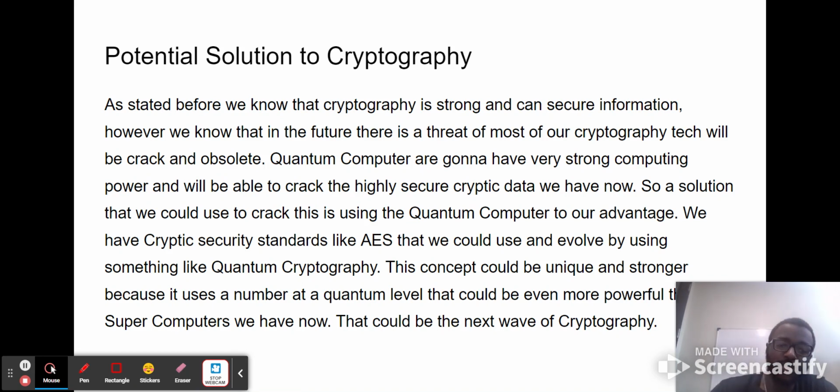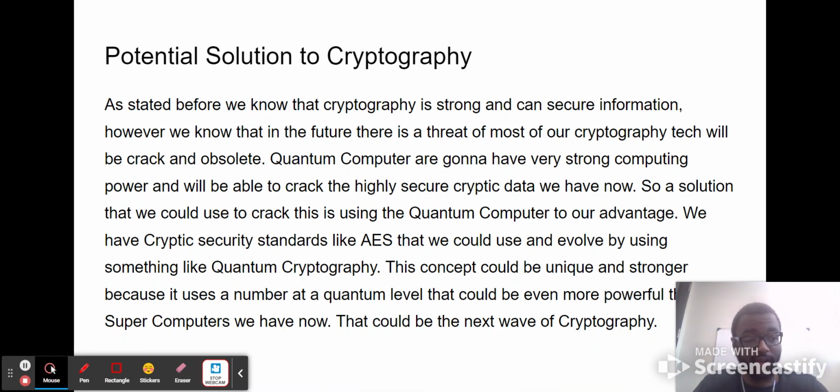So a solution that we could use to crack this is using, well, the quantum computer to our advantage. As I mentioned before, we have cryptic security standards, like AES, which is basically the government standard of asymmetric cryptography that we use to encrypt information. We could evolve it by using something like quantum cryptography.